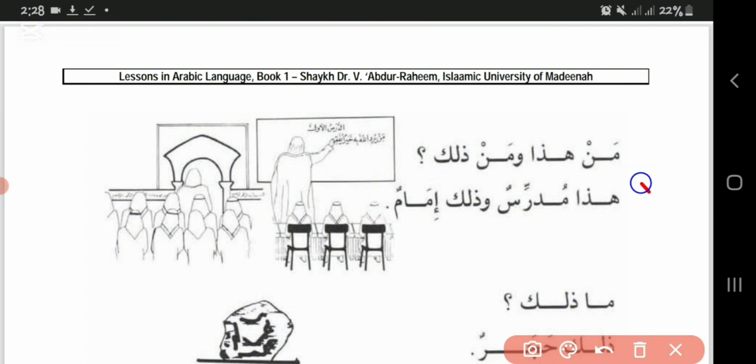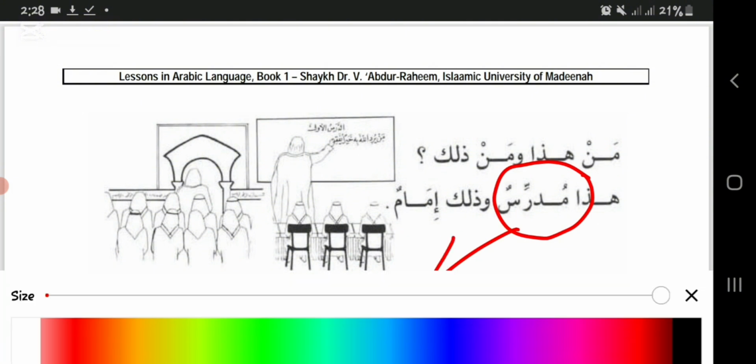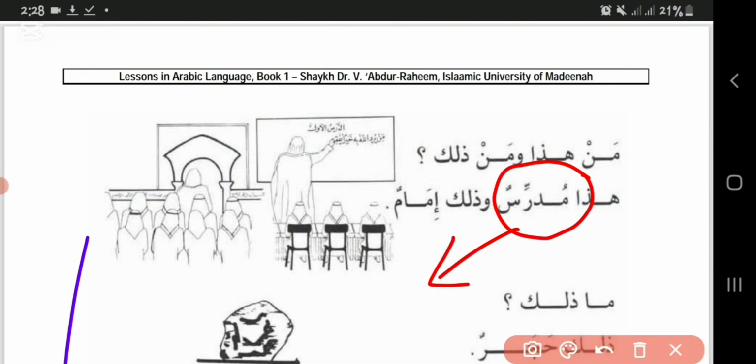So now, hada mudarrisun. This is a teacher. Wadhalika imamun. And that is an imam, or you can also say that is a leader. So mudarrisun is a new word, which means a teacher.